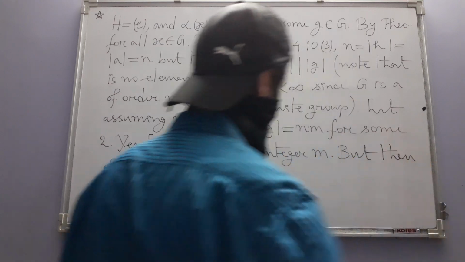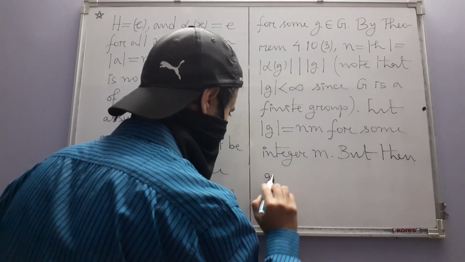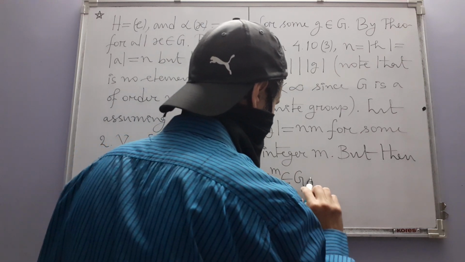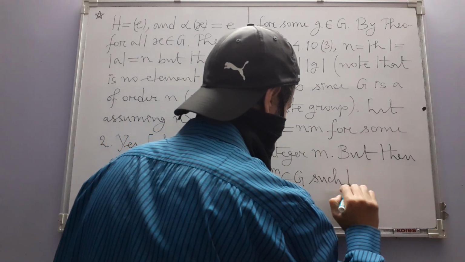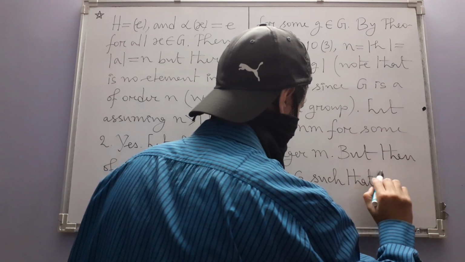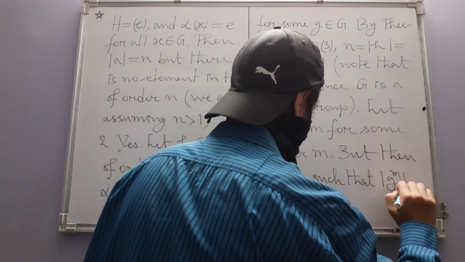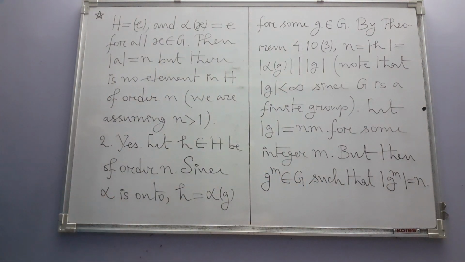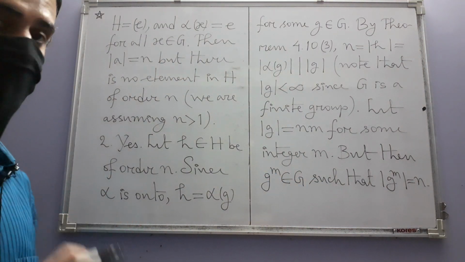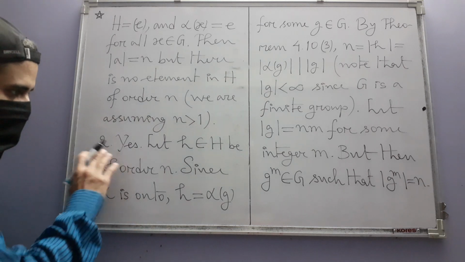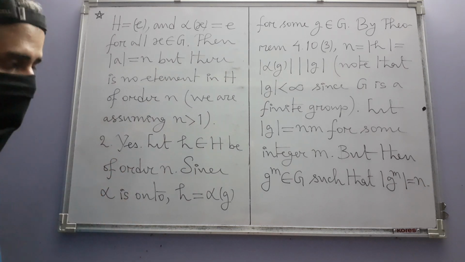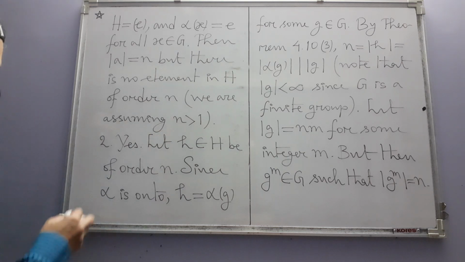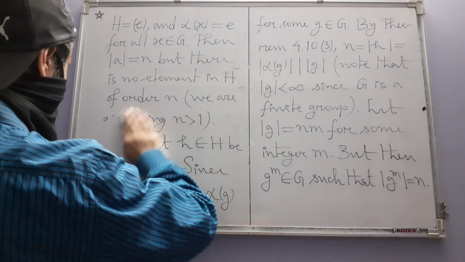But then this is an element in G such that its order is n. So that's how we get an element in G whose order is also n. So the second part is necessary, I mean, it is true. It will be true. So that is the solution.